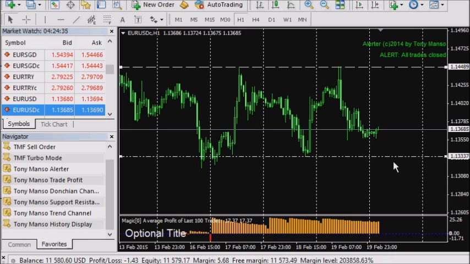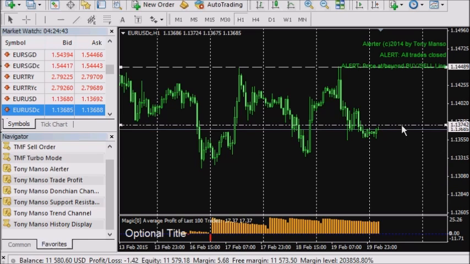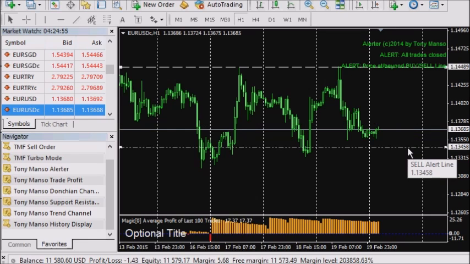So now check this out. I'm going to grab this sell line and I'm going to move it beyond the, see that? You get a message that says price at or beyond buy sell line. You get that alert sound. So you don't even have to be at your chart.